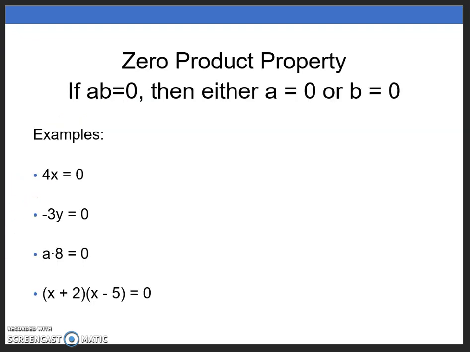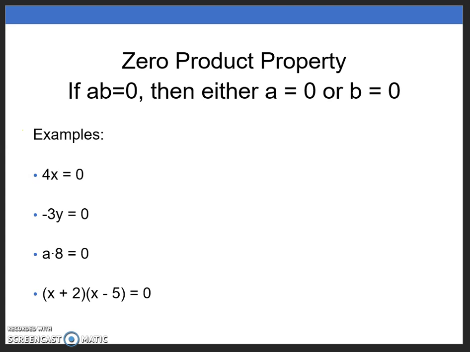If you're multiplying two things and it equals 0, then, for example, if A times B equals 0, then either A is equal to 0 or B is equal to 0, because anything multiplied by 0 equals 0.